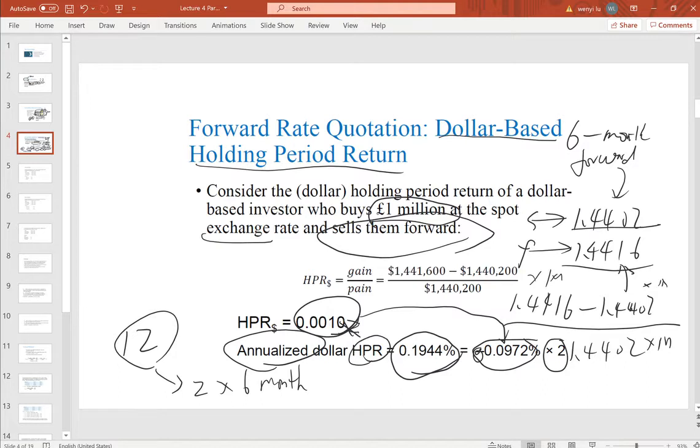Be careful, it depends on how many months this contract has. If you want to annualize, you should multiply by the number of maturities in a year. Then you can solve the annualized rate. If we have the 3-month forward, then this will be multiplied by 4.